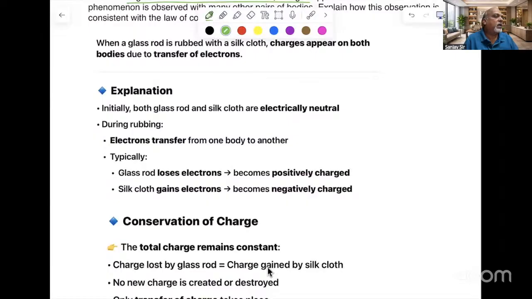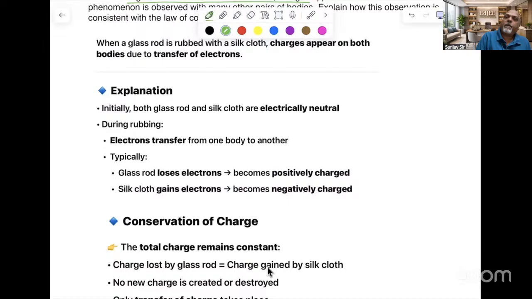If it is losing electrons, then what will happen? It will be positively charged, and silk gains electrons, so it will be negatively charged. So there is a transfer of electrons from one to another.